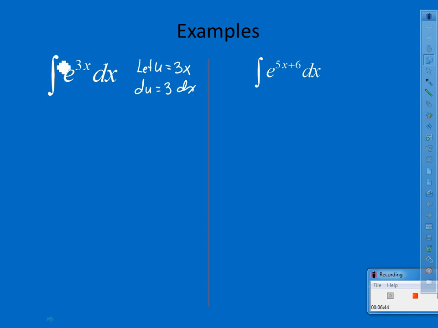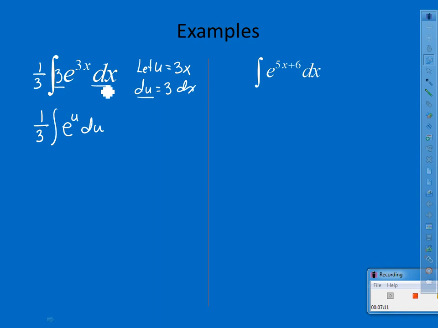So just like we did last time, I'm going to put a 3 there, which means I got to put a 1/3 out there. This now becomes 1/3. The antiderivative of this 3 dx becomes du. So I have e to the u du. I need that 1/3 out there to make sure my derivative comes out right.